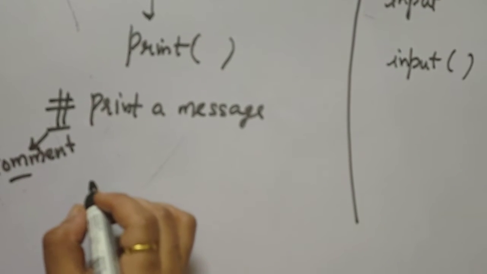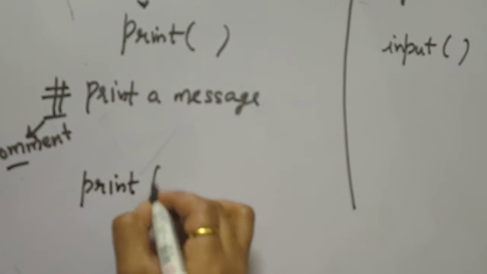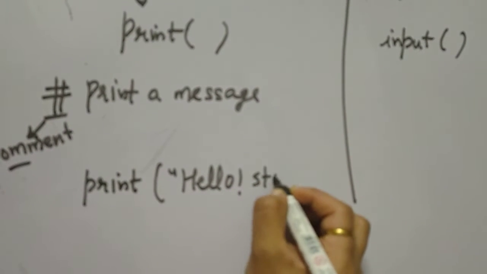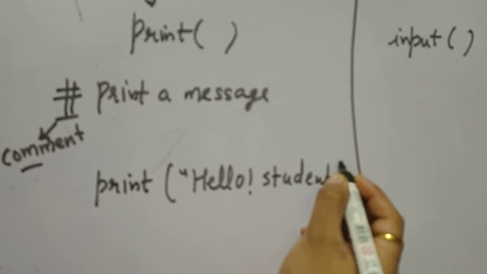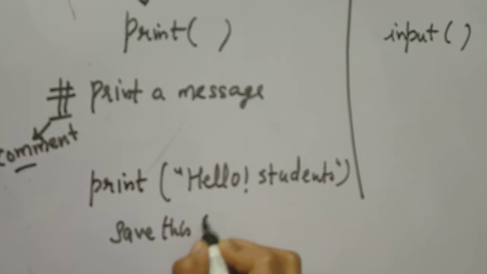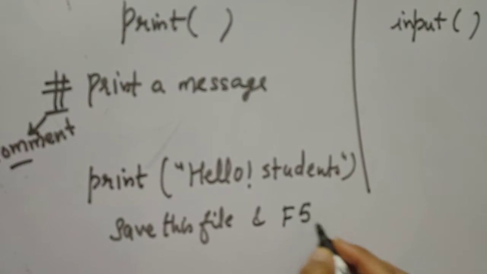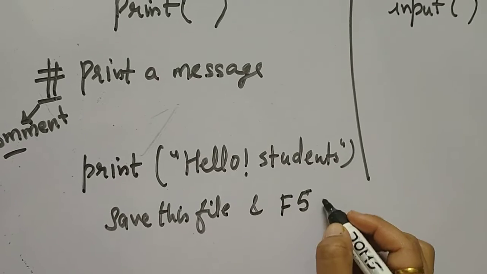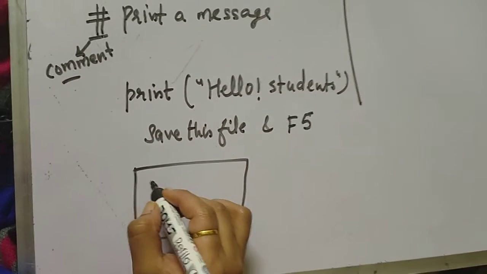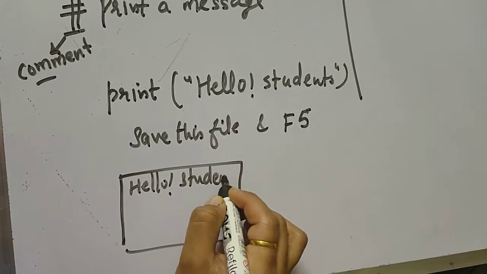We go to file, new, and write print, and say hello students. Save this file and run it by using F5. You will see the output screen as hello students.